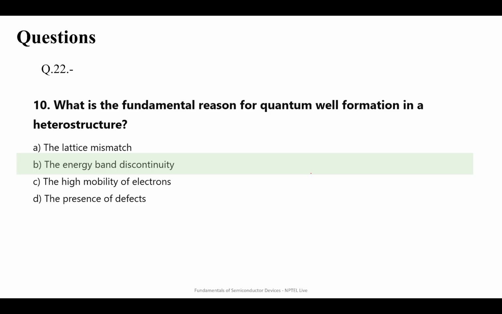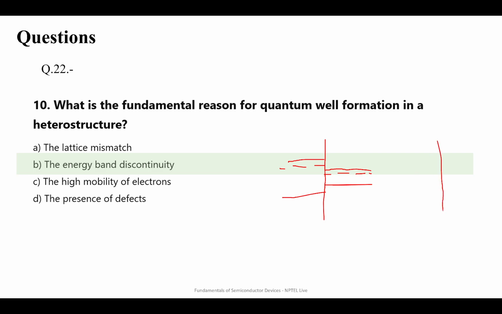So basically, you have it like this. Let's say you have a type 1 band gap. So these are my Fermi levels. When I am making the heterostructure, my Fermi levels will align. So this will have to go up.